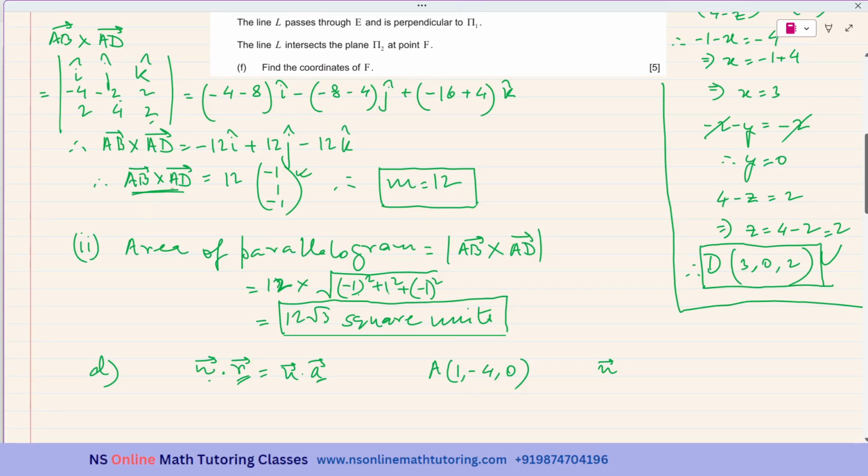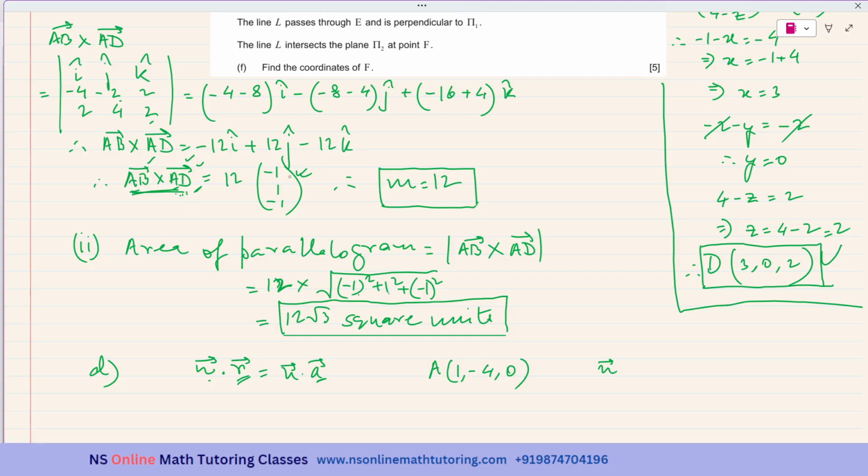AB cross AD will give us a vector which is perpendicular to both AB and AD, and AB and AD are non-parallel vectors because A is the common point between them. So these are two non-parallel vectors lying on plane pi 1. Hence the vector which is normal to both AB and AD is normal to the plane containing these two vectors.